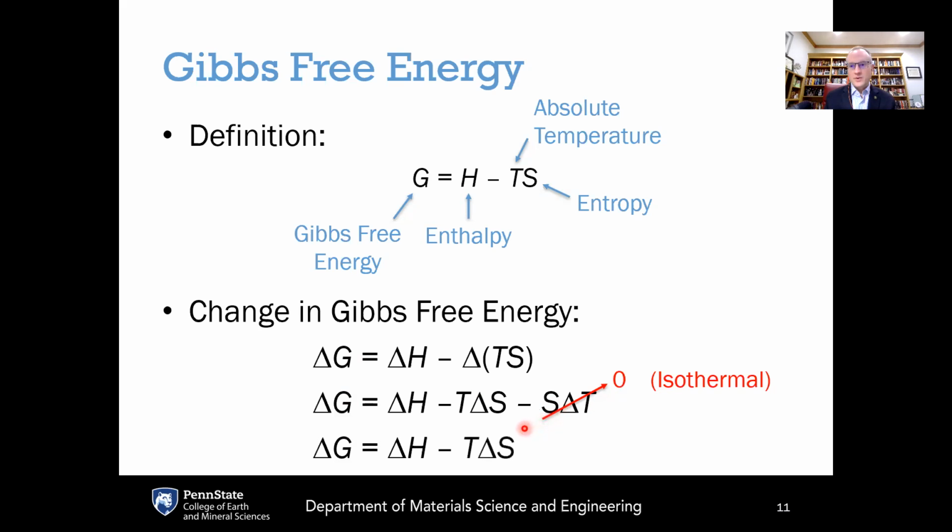And what we are left with is the much more familiar way of writing the change of Gibbs free energy, which is delta G equals delta H minus T times delta S. So this is telling you that although the relative stability of different states is governed by delta G, there are really two contributions to that delta G. There's the delta H contribution and the minus T delta S contribution.